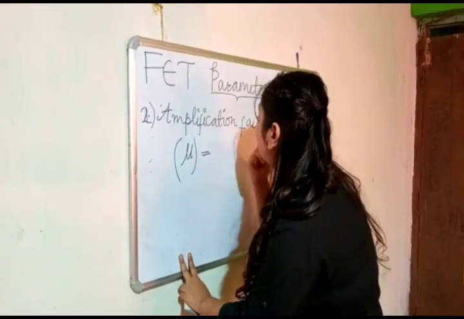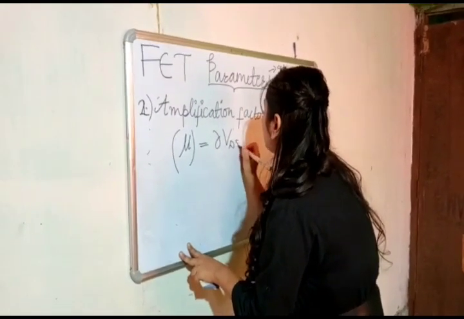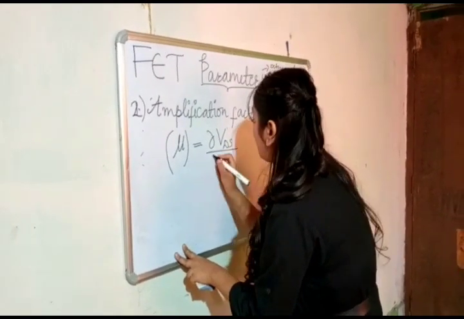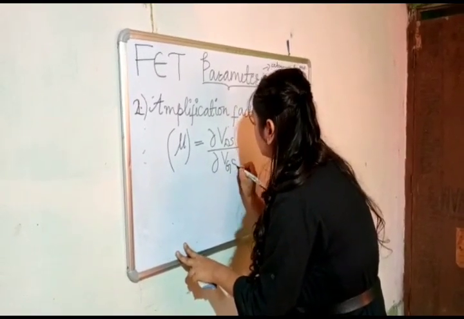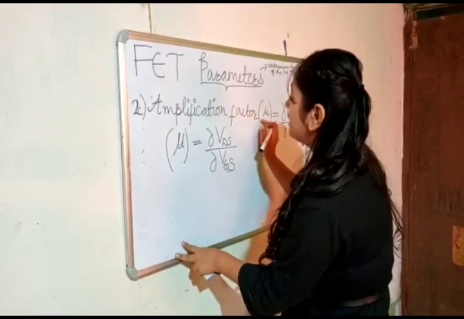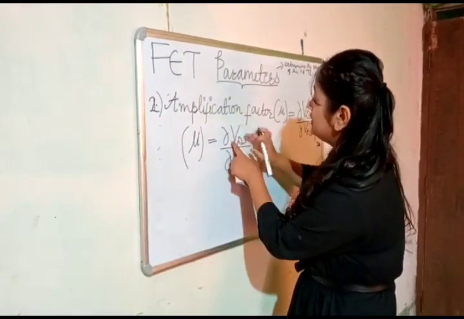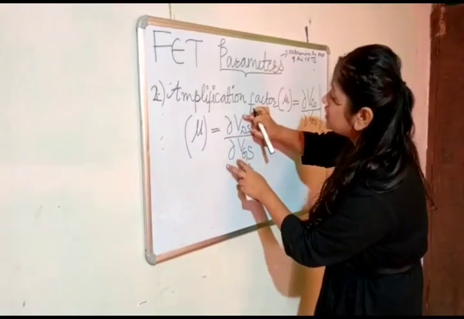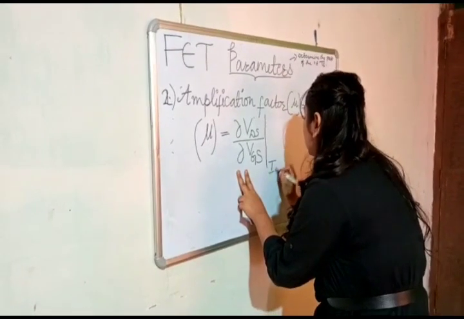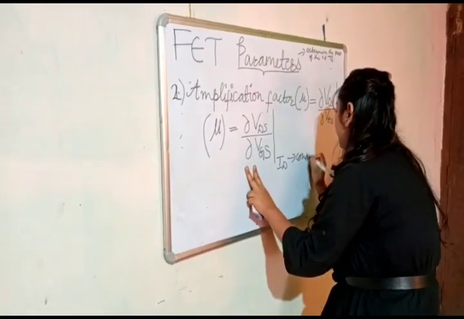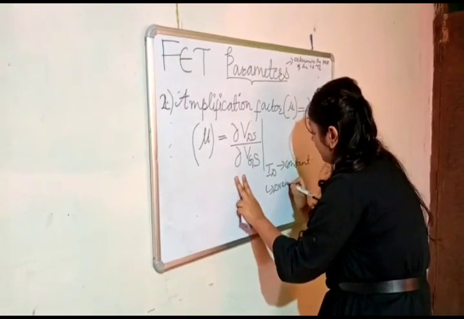It is the ratio of small change in drain to source voltage to the corresponding small change in gate to source voltage, keeping ID constant. This ID is the drain current.